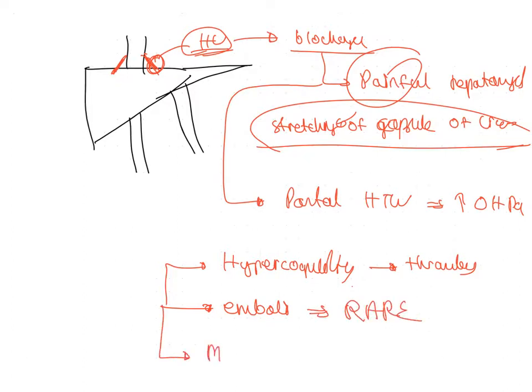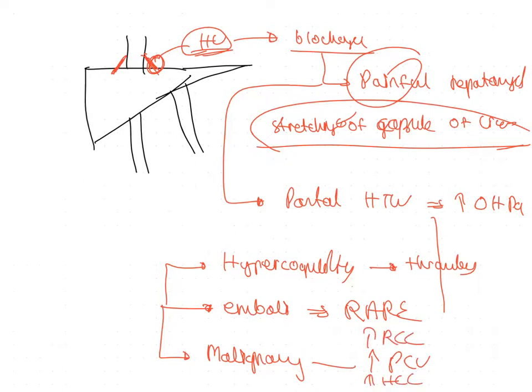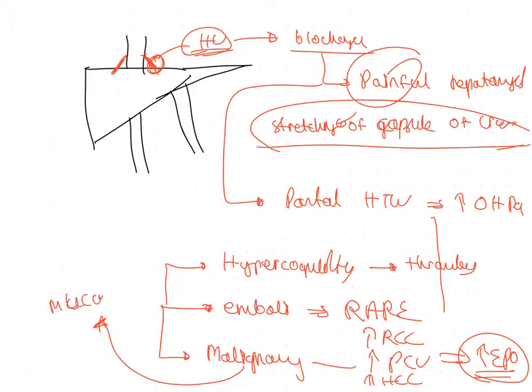Then we have obviously malignancy, increases PCV, malignancy, which could be polycythemia vera, and it could also be hepatocellular carcinoma. It could also be renal cell carcinoma. Why? This increases EPO, causing hypercoagulability. Also, anything that produces mucus, any tumor that produces mucus, such as colorectal carcinoma or pancreatic carcinoma.